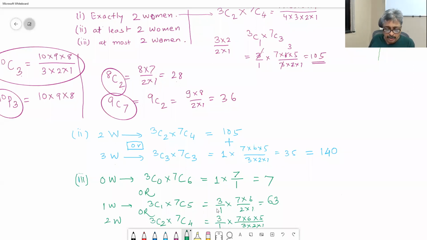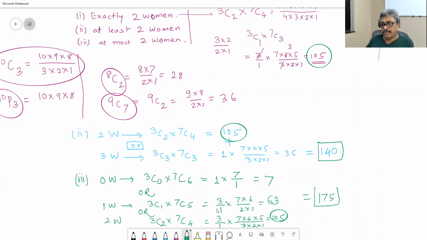So 35 into 3 is 105. This 105 is present everywhere. That is case number 1. So how much is this total? Total is 175. 140, 175 and 100. These are the three answers. That is how it should be.